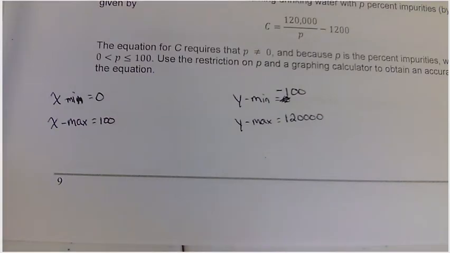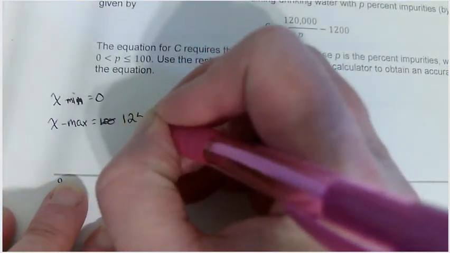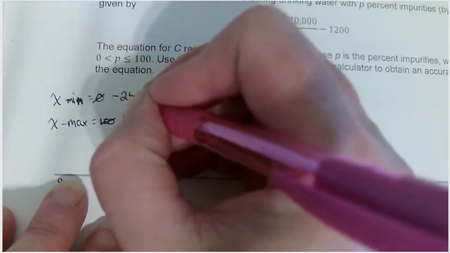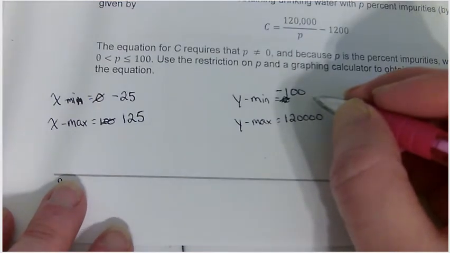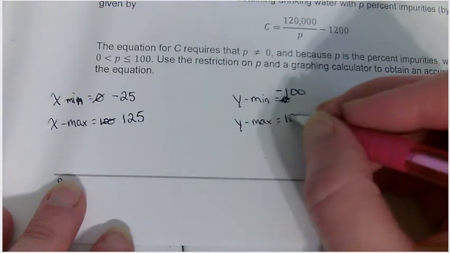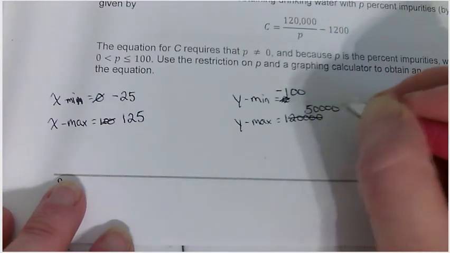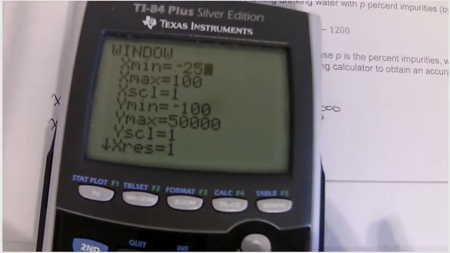So I'm going to change something here. I'm going to change this to be like 125. And I'd like to see a little bit more on the other side. So I'm going to go negative 25 here. And then I'm okay with that. And we went 50,000. Let's see if that makes it a little easier to look at.